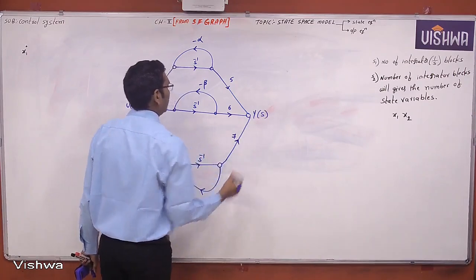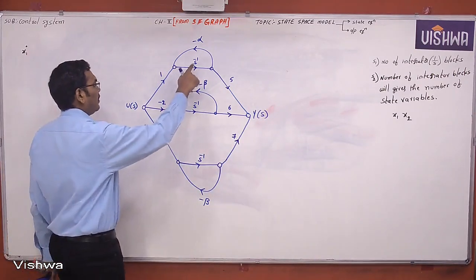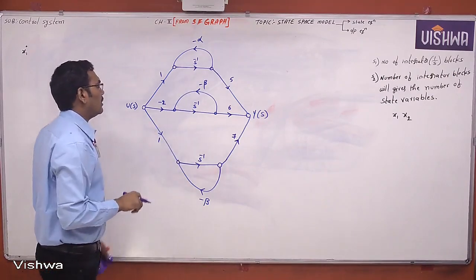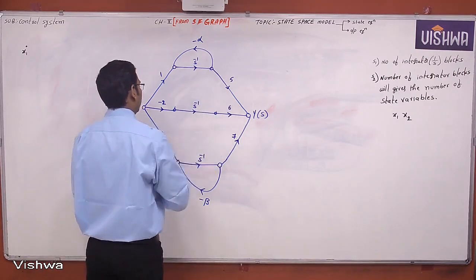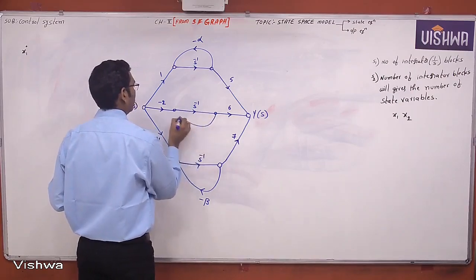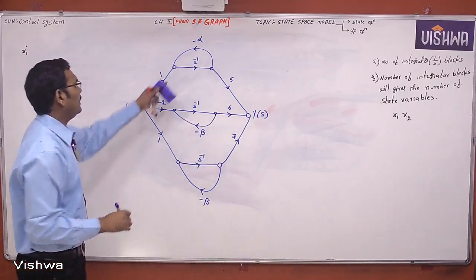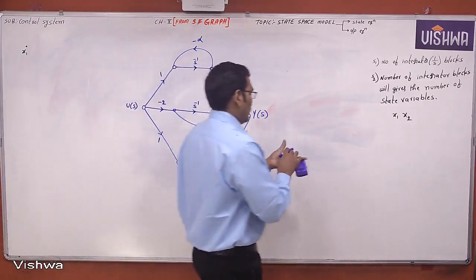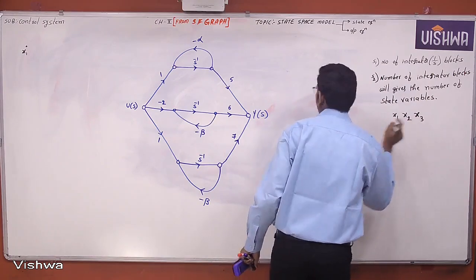Whatever the signal flow graph may be, you should follow the same procedure. Identify the number of integrator blocks: 1, 2, 3. Now in total there are 3 integrator blocks, s power minus 1, s power minus 1, s power minus 1. The number of integrator blocks gives the number of state variables x1, x2, x3.